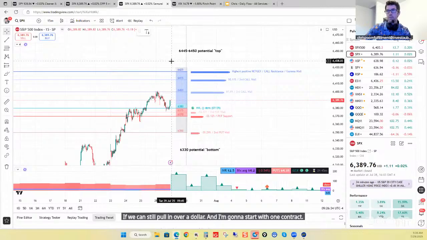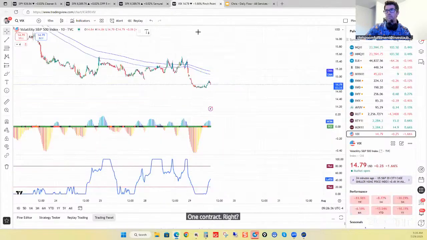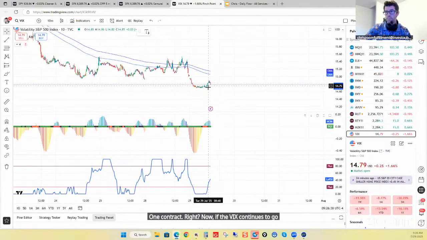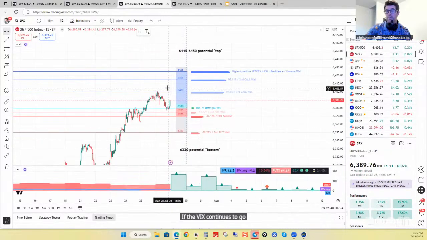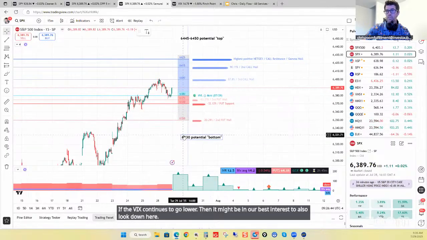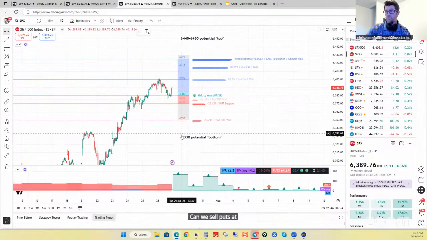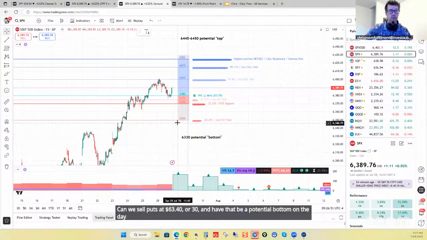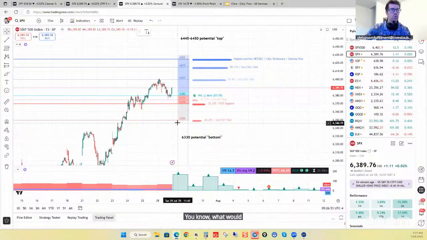One contract. Right. Now, if the VIX continues to go lower, then it might be in our best interest to also look down here. Can we sell puts at 63.40 or 30 and have that be a potential bottom on the day if price isn't disrupted? What would it be? What was it about a Tuesday before Mag 7 earnings, before the Fed?